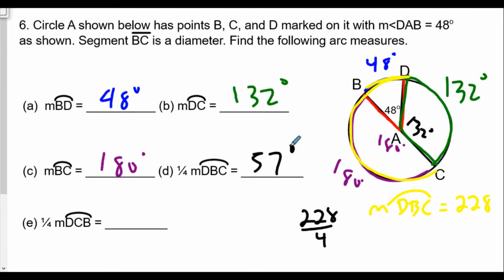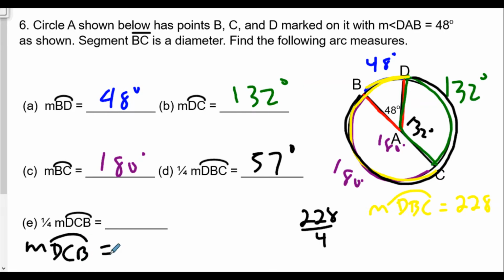Okay, and then the last part, arc DCB, this big arc here. We're doing 1/4 of that. So the measure of arc DCB is equal to 132 plus 180, which is going to be 312.